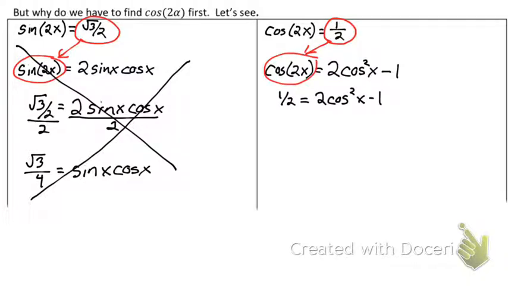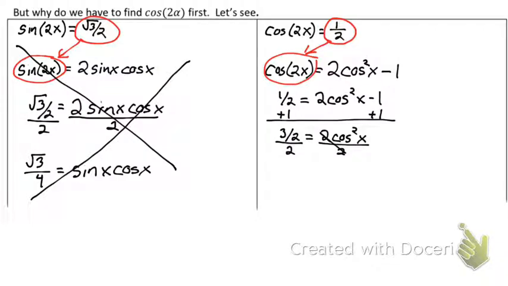Now I'm just going to solve for cosine x. So I'm going to add 1 to both sides. 1/2 plus 1 is going to be 3 over 2, which equals 2 times cosine squared x. Divide both sides by 2.